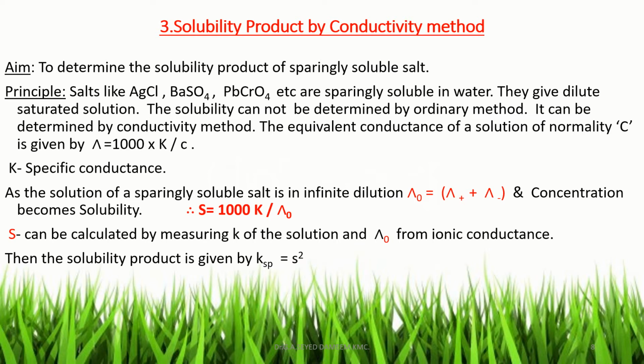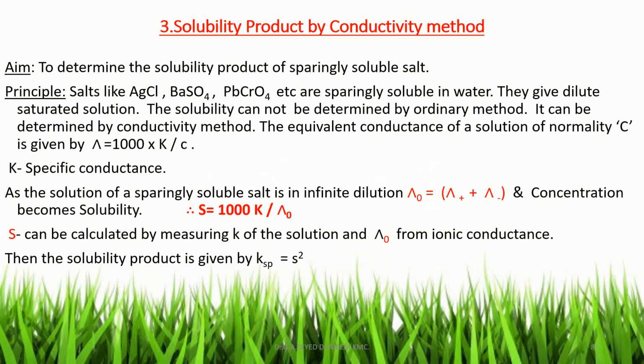Lambda 0 is calculated by adding the ionic conductances of the ions present in the sparingly soluble salt. So by measuring experimentally the conductance of the solution given by the salt, and knowing the lambda 0 value, we can calculate the solubility S by the formula S equals 1000 into K divided by lambda 0.